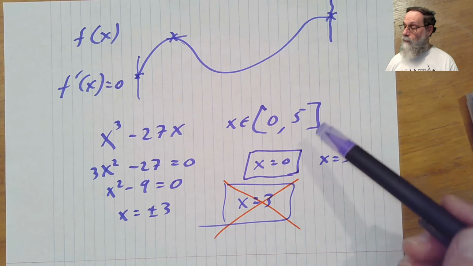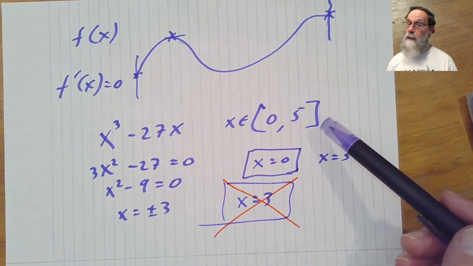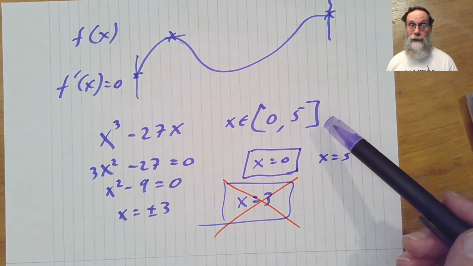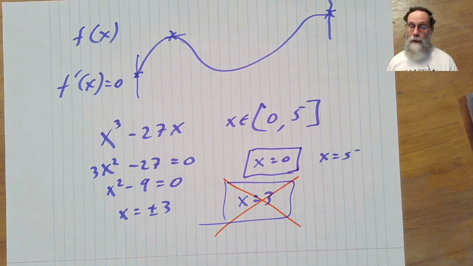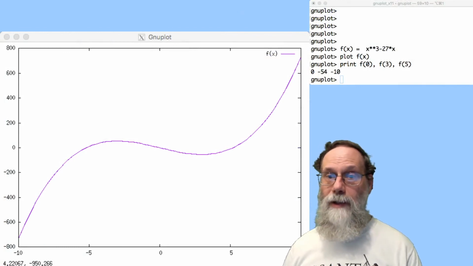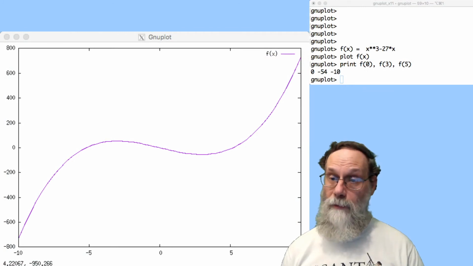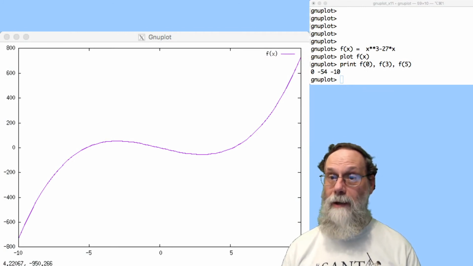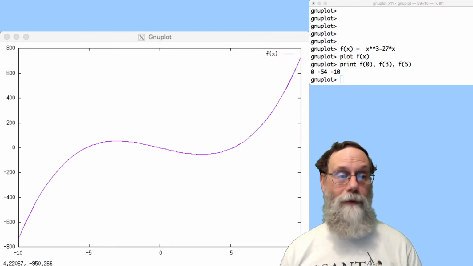Now, if we'd had a different range here, a range that included minus 3, for instance, it might have been different. And in fact, we can take a look at that plot again and see that 0 is not our maximum if we have a wider range. If we had all of minus 10 to plus 10 here, we would have a different range.